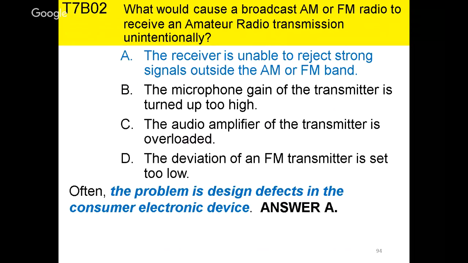You're in your ham radio shack talking, and all of a sudden you're interfering with them. It's not necessarily your fault, but the fault of the receiver being unable to reject strong signals outside the AM or FM band. A lot of times these cheaper commercial AM FM radio receivers have a very poor design. They're very broad banded and don't have good filtering on them. But that's something you have to be mindful of.